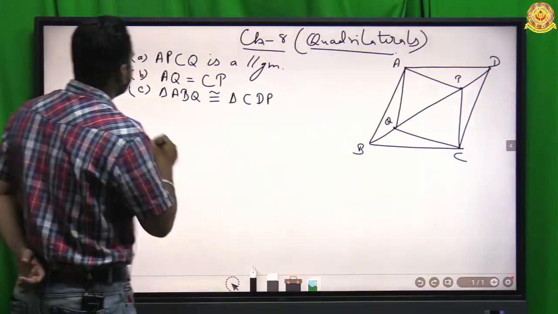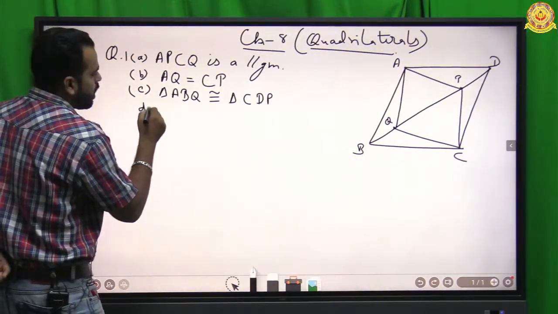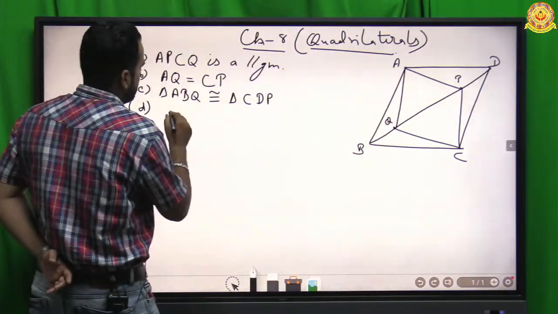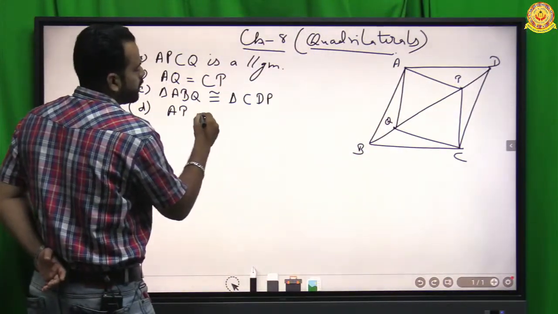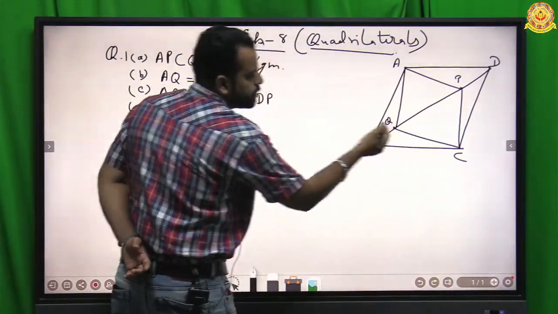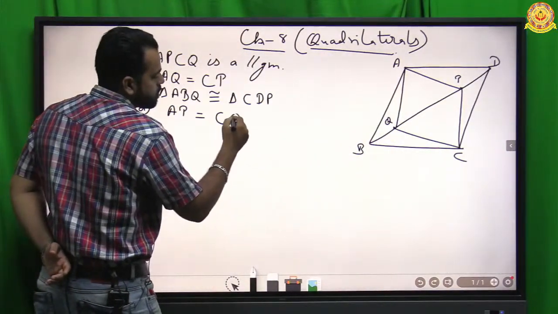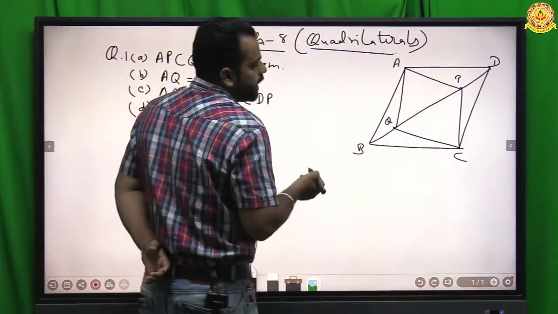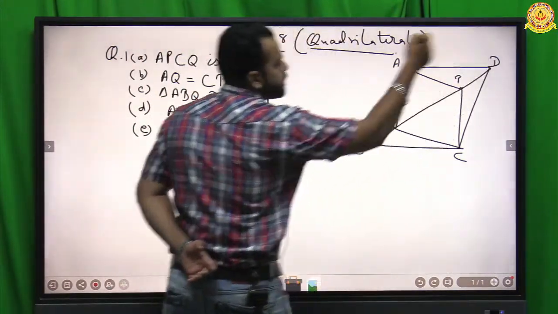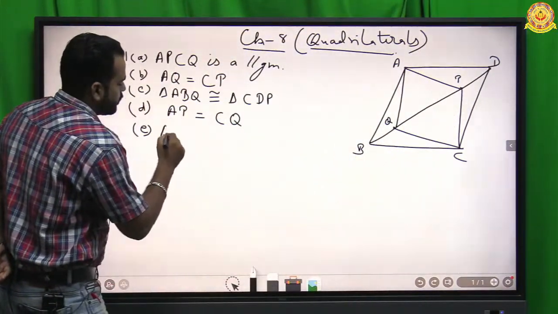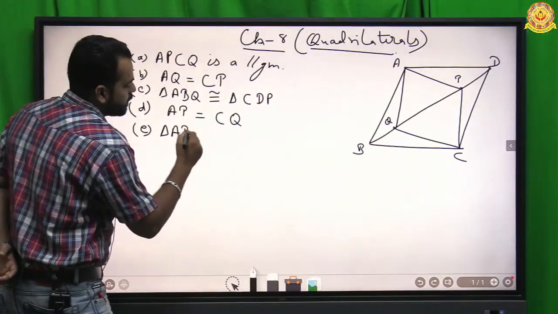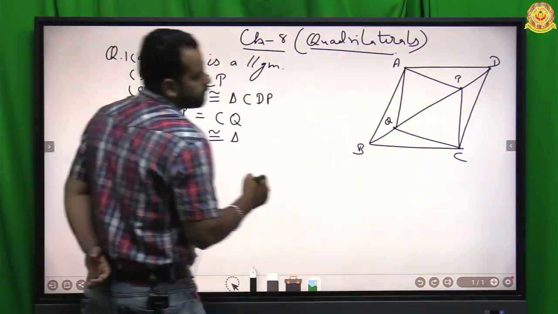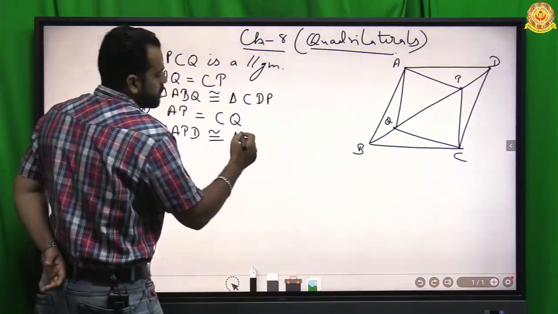Then the fourth thing is to prove that AP is also equal to CQ, and also prove triangle APD is congruent to triangle CQB.